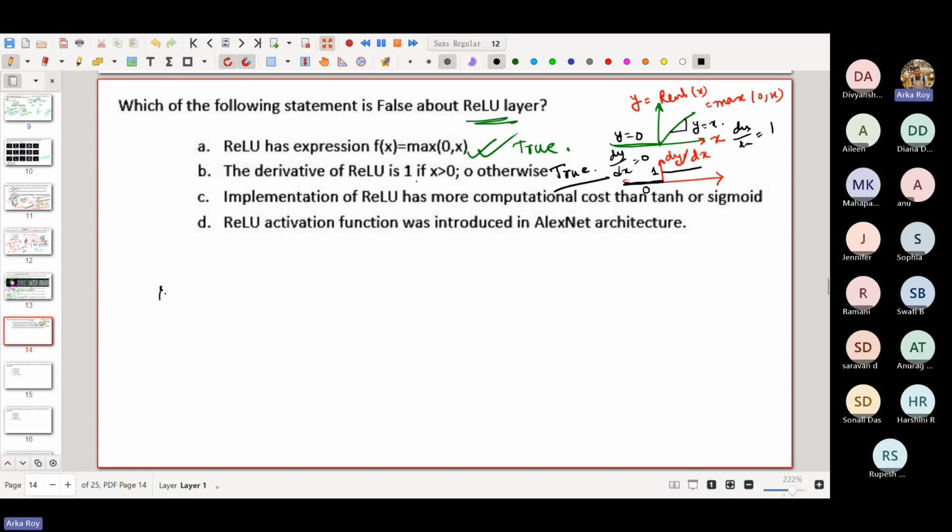However, in case of sigmoid, let's say sigmoid of a or sigma of a, if you do the derivative, that is sigma dash of x, what is the value? What is the function that we get if I take the derivative of sigmoid?